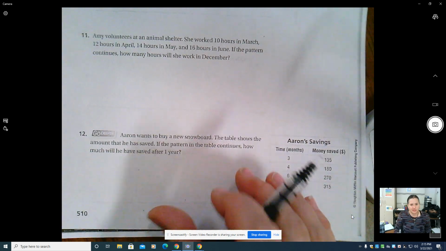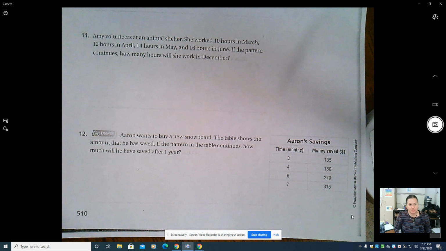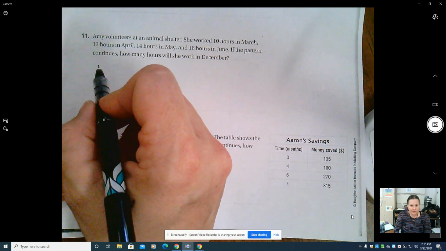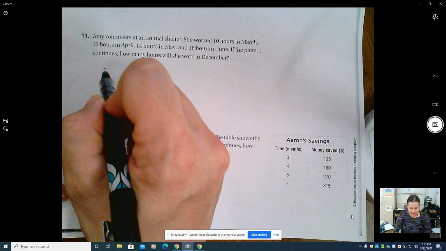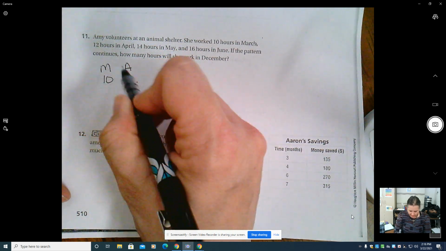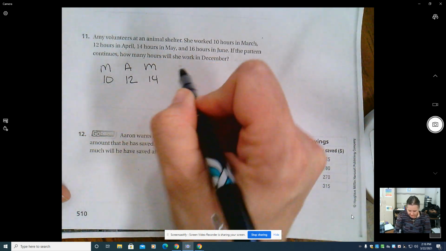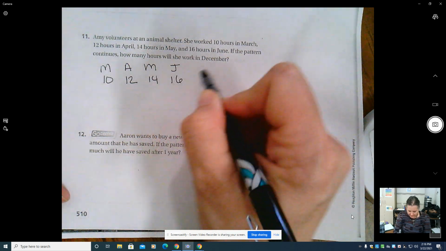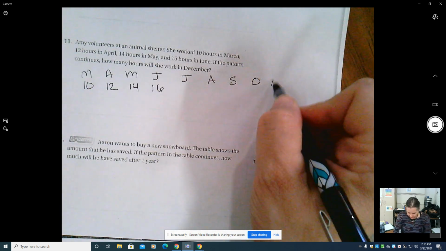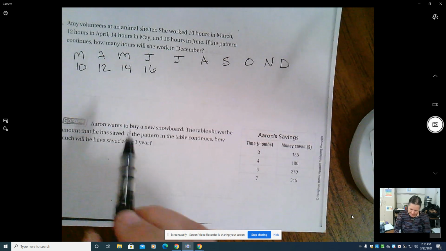All right, 11, Amy volunteers at an animal shelter. She worked 10 hours in March, 12 hours in April, 14 hours in May, 16 hours in June. If the pattern continues, how many hours will she work in December? So we have March 10, April 12, May 14, June 16, July, August, September, October, November, December.